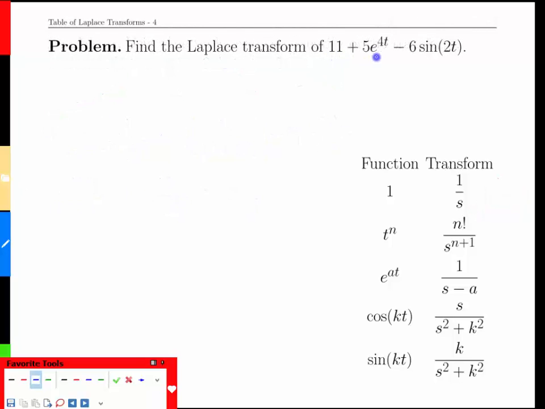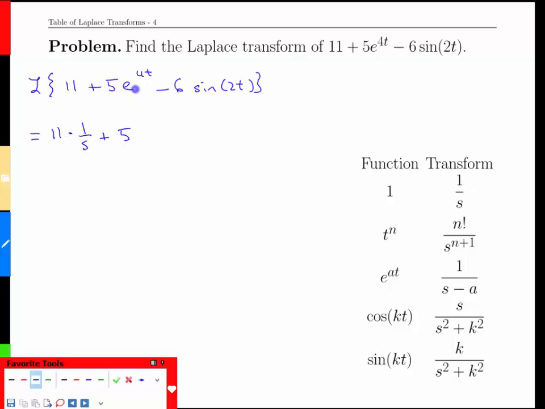As another example, we'll find the transform of this linear combination of core functions, expressing it with the notation we've used now, the Laplace transform of 11 plus 5e to the 4t minus 6 sine of 2t. We would look at this function here. It's 11 times 1. So it'll be 11 times the transform of 1, which would be 1 over s.